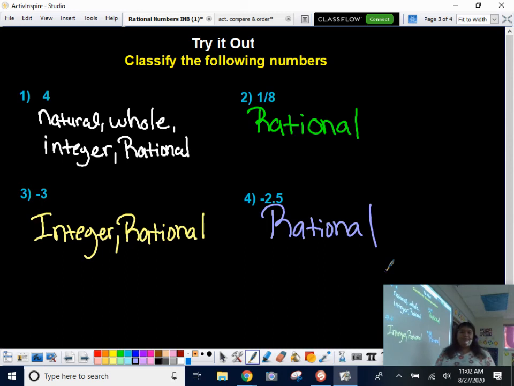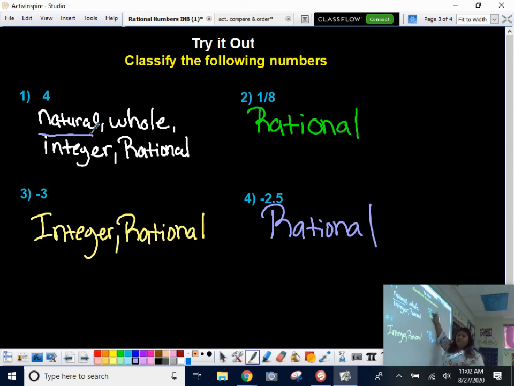This one is only classified as a rational number. Okay, so if you didn't get them right, go over the notes again to try to figure out, okay, what did I do wrong? Just remember, once you classify the original number, go on the outside, go to the bigger circles, and it's going to show you what it all is. Okay, so 4 was a natural. Because it's natural, it's now a whole number, it's now an integer, it's now a rational number.